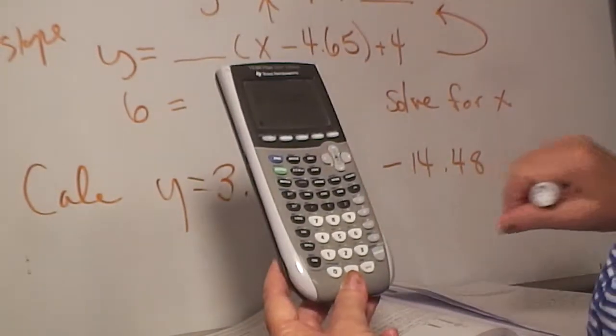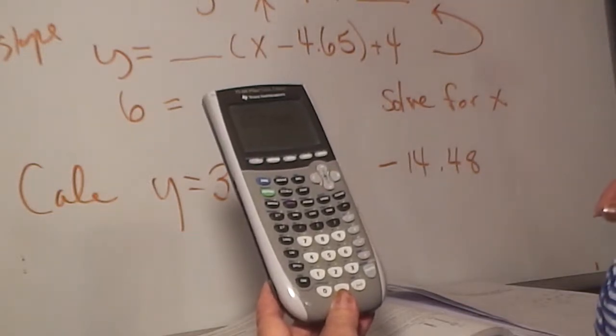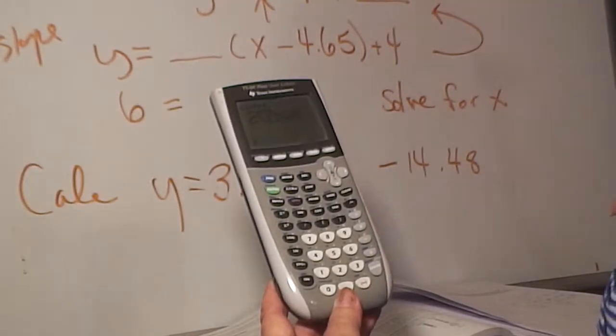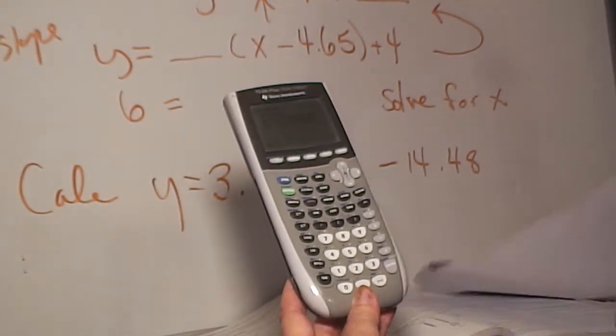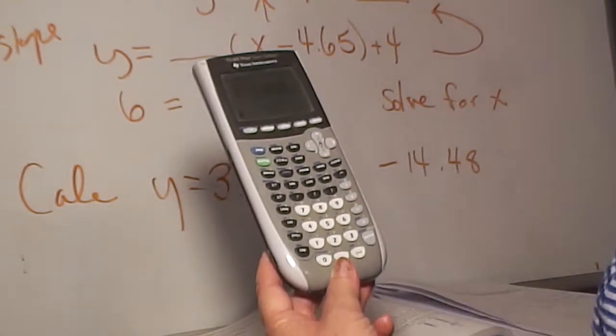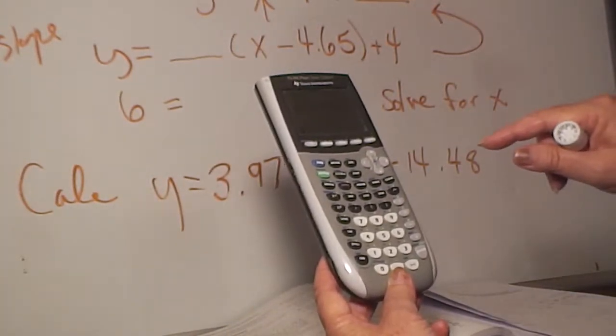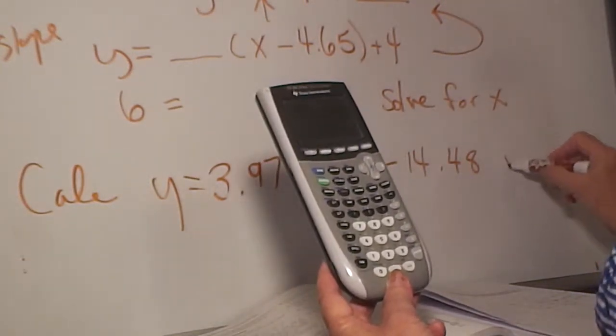All right, we can get rid of this positive because plus minus. So by the regression equation on the calculator, it's y equals 3.97x, which is my slope, minus 14.48. Now, when I have that, I can put that in and get the regression equation.